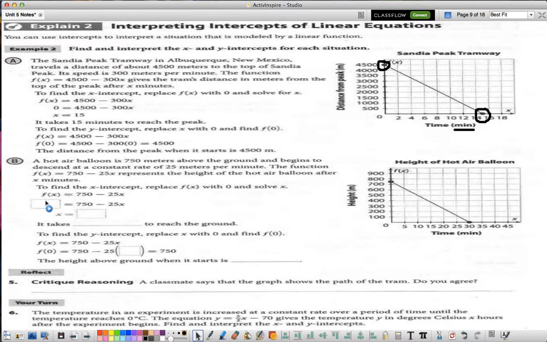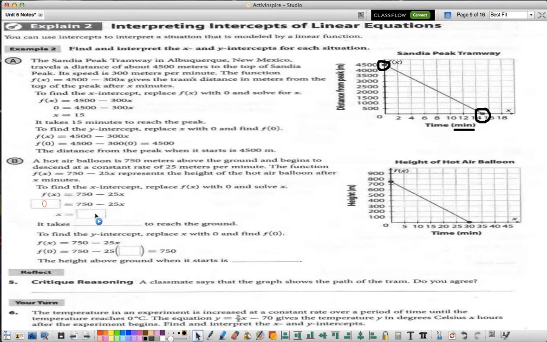All right, so now what I want to do is find the x-intercept. So I'm going to replace f of x, because remember, f of x is our y in this case, with 0. And I'm going to say, okay, 750 minus 25x will give us 0. So what value of x gives me an f of x, or a y, of 0?